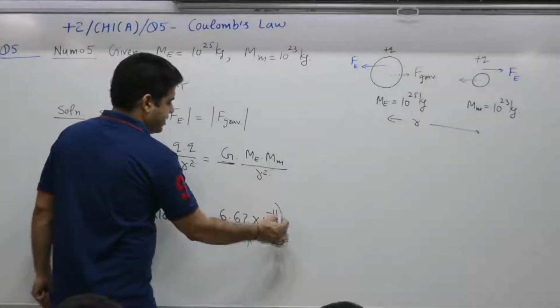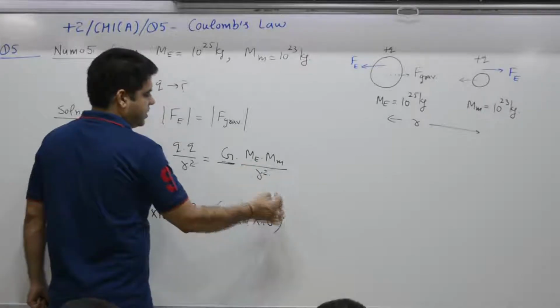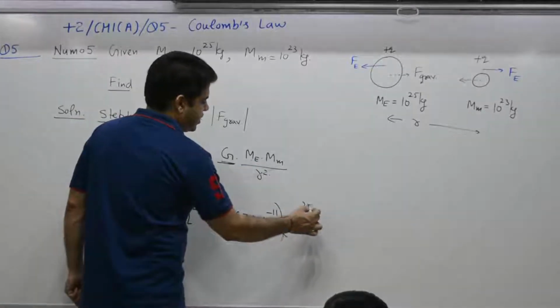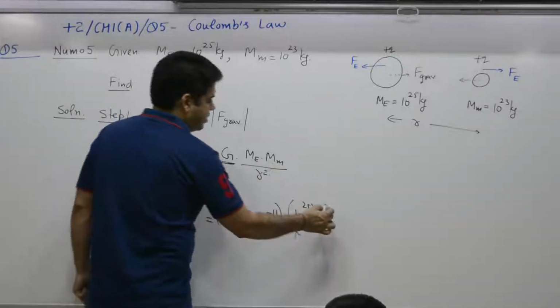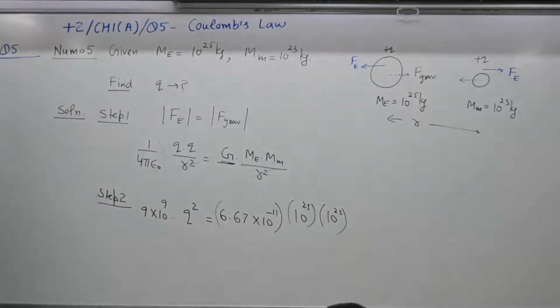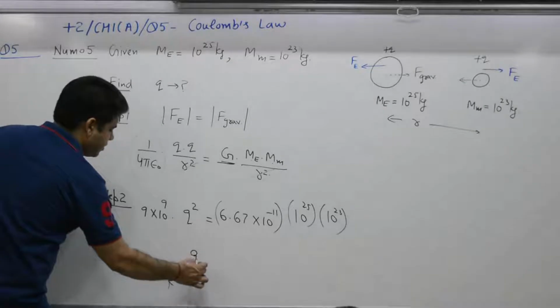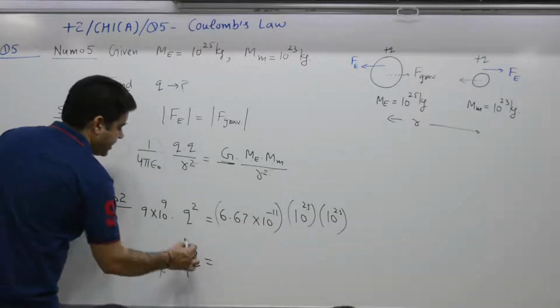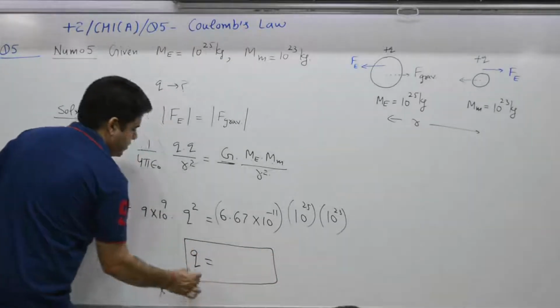Mass of earth 10 raised to power 25, mass of moon 10 raised to power 23. The only unknown in this equation is charge. Calculate and find Q is equal to what?